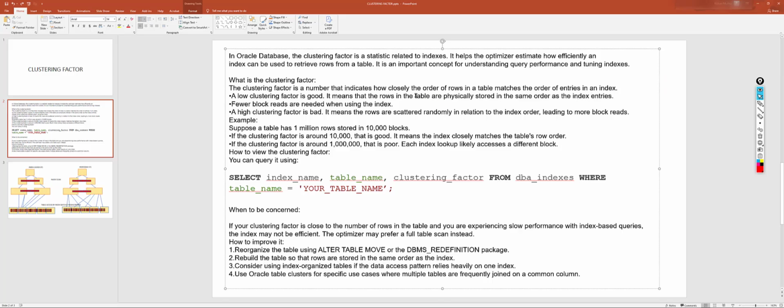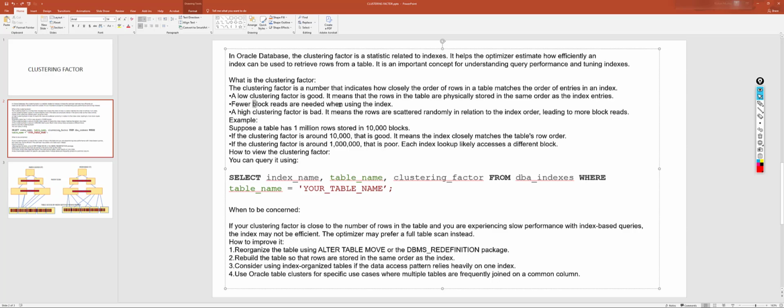Again, I mentioned that the rows in the table which are physically stored cannot be controlled. We cannot manually put each and every row in the order of the index, right? Automatically the order will be decided by Oracle itself, right? We just create the table, we don't determine the order of rows, right?